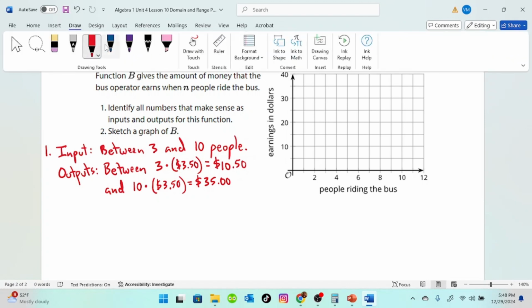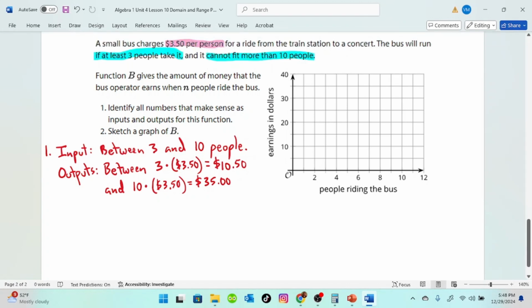Now number 2 wants us to sketch the graph. So we need to keep in mind, this is not going to be a line that we draw because we cannot have partial people. We cannot have any amounts of money between the multiples of $3.50.